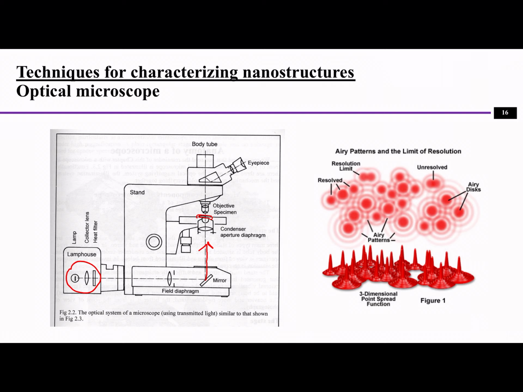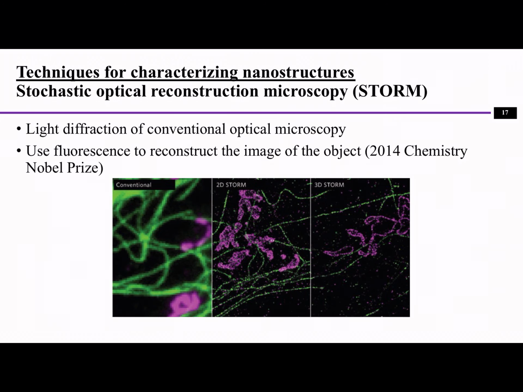But there are a lot of limitations because of light diffraction. Light diffraction means that when the light goes through the specimen, diffraction happens, and it reduces the energy of the light.